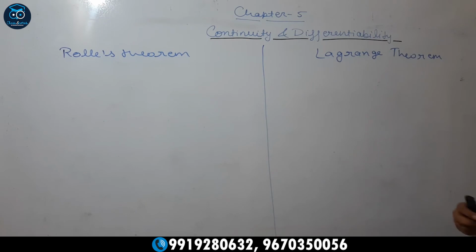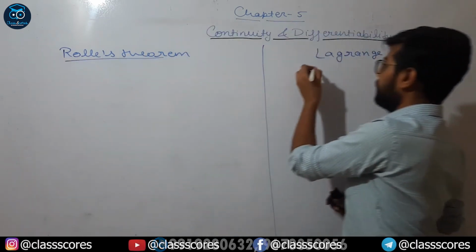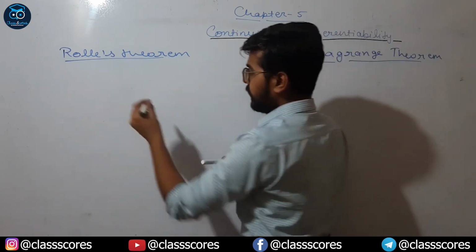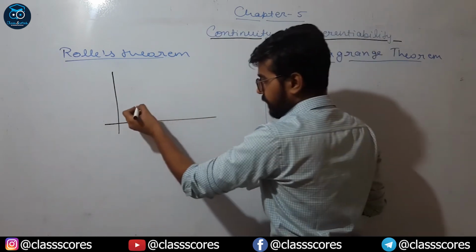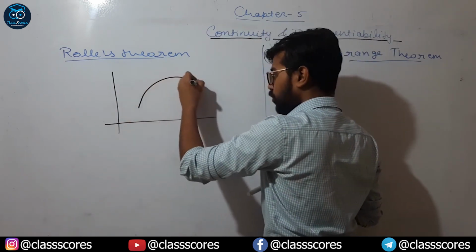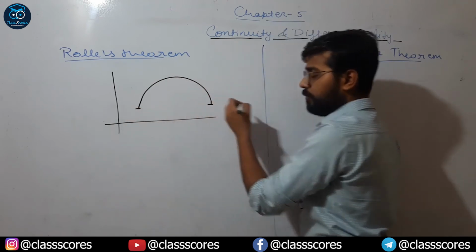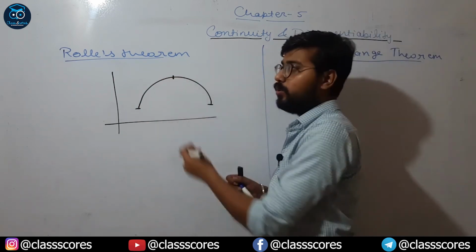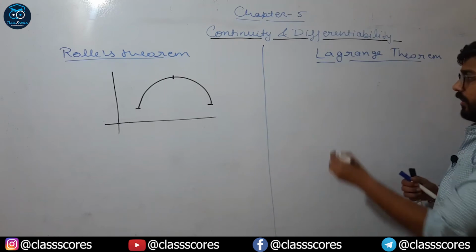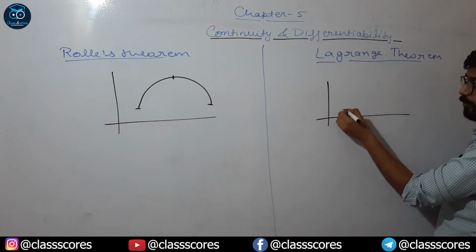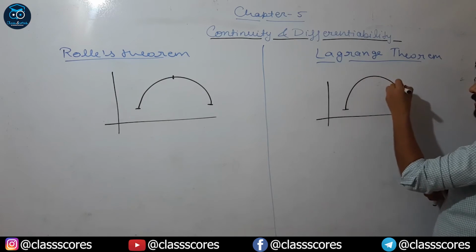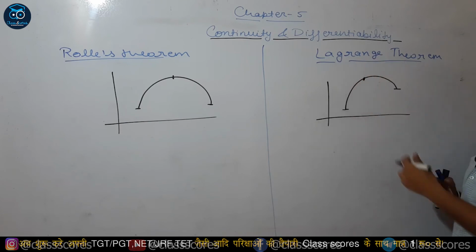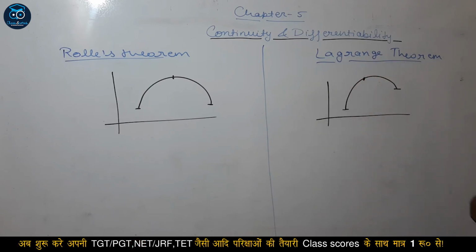The only difference between both theorems is, suppose we try to understand this with the help of a graph: if a particle is moved from a point and comes back to the same point, then we can find its mid value with the help of Rolle's theorem. If we throw an object from a point and it stops at any other point, then its mid value is to be calculated with the help of Lagrange theorem.